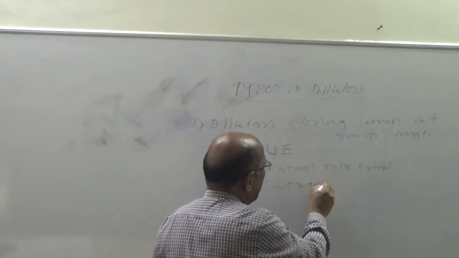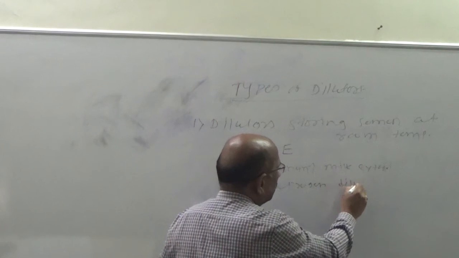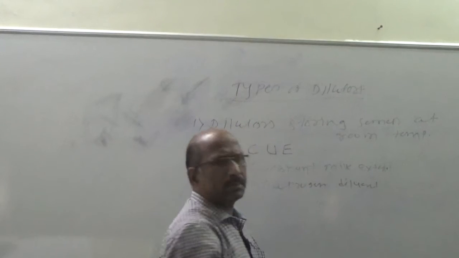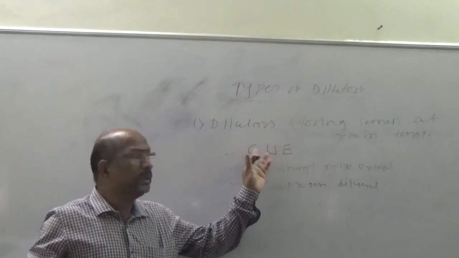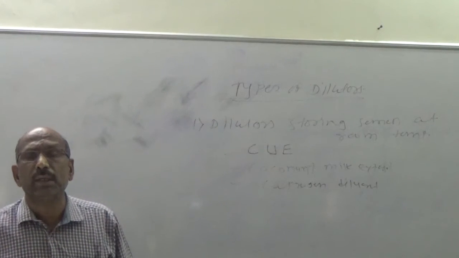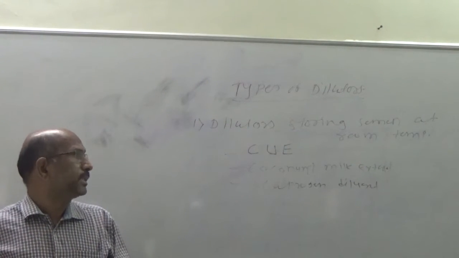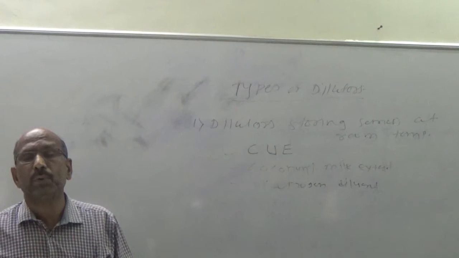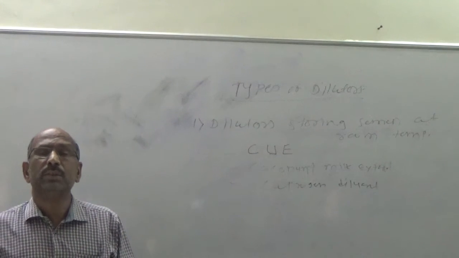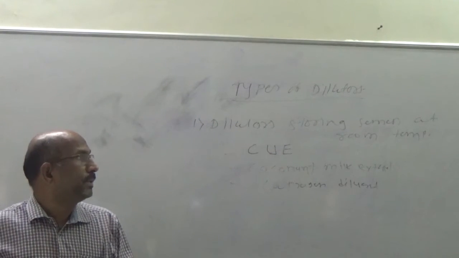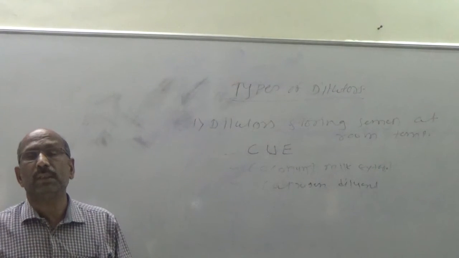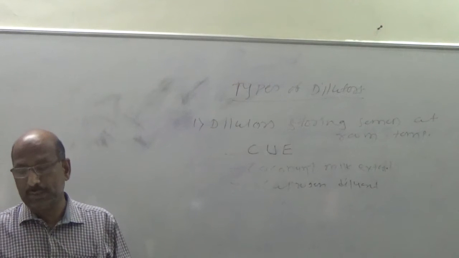So the different diluters used are the Cornell University Extender, the coconut milk extender, and the caprogen diluents. These are used as diluents for preservation of semen at room temperature.